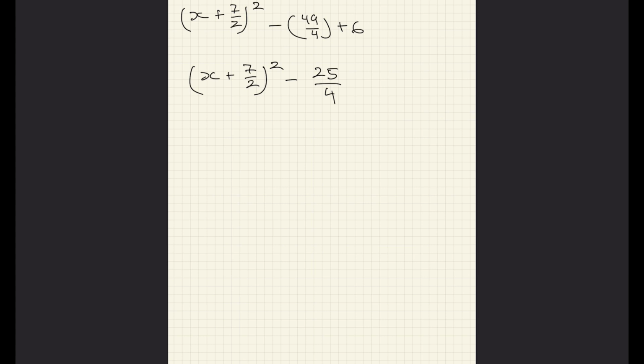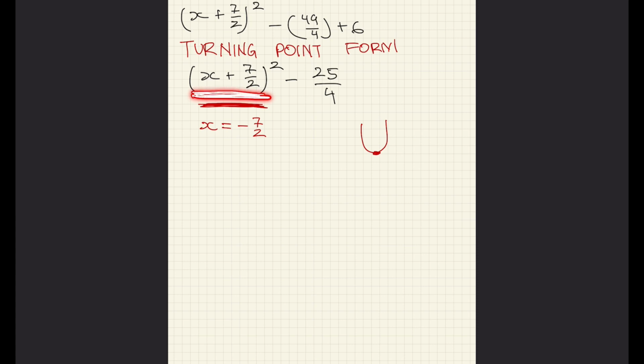Another important thing that the turning point form has, so this is turning point form, another important thing this tells us is that the x value where this square turns is going to be minus 7 on 2, because as we looked at in the quadratics video, it's whatever makes this equation 0.